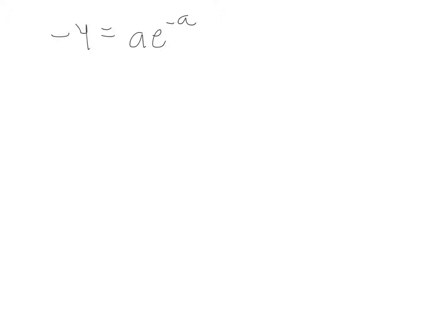So here we go. Let's solve this equation. First thing we need to do is divide everything by a. That'll get the exponential piece by itself. Then, to get the a out of the exponent in the natural exponential function, we should take the log of both sides, like so.